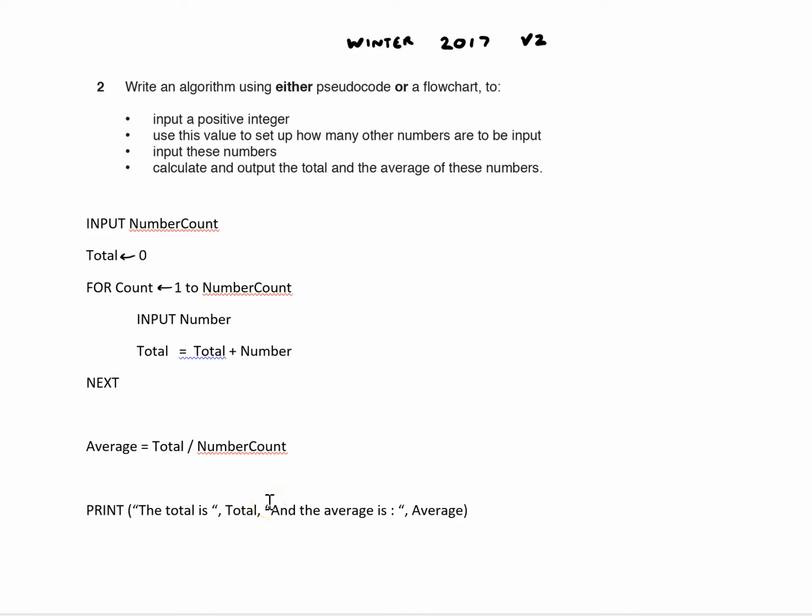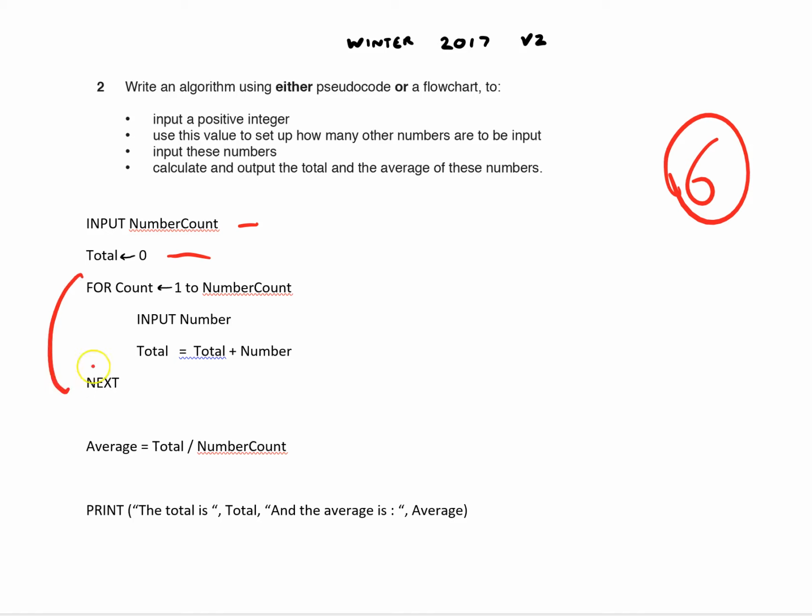Now this question is actually worth 6 marks. From this pseudocode, what I'll show you is where this program will actually get you marks. Having the initial input will get you a mark. Initializing your total as 0 will get you a mark.